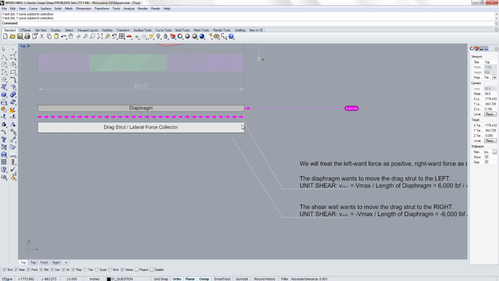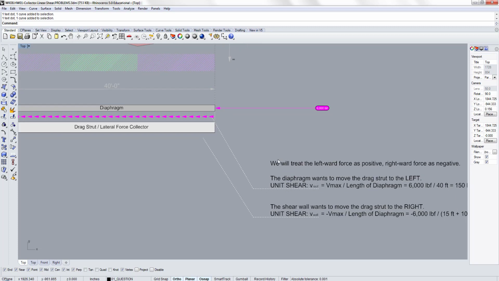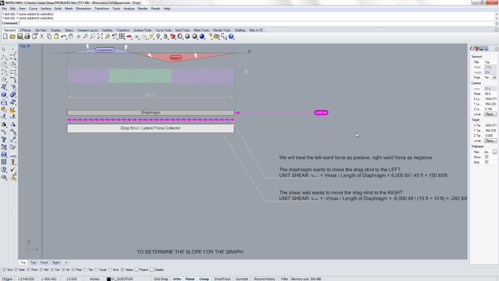It continues to be pushed throughout its entire length, so it accumulates this shear. That's why we calculate unit shear: how much it's being pushed per linear length, right? The unit shear in this case is Vmax, which is 6,000 divided by the entire length of the contact area between diaphragm and the drag strut, which is 40 feet.